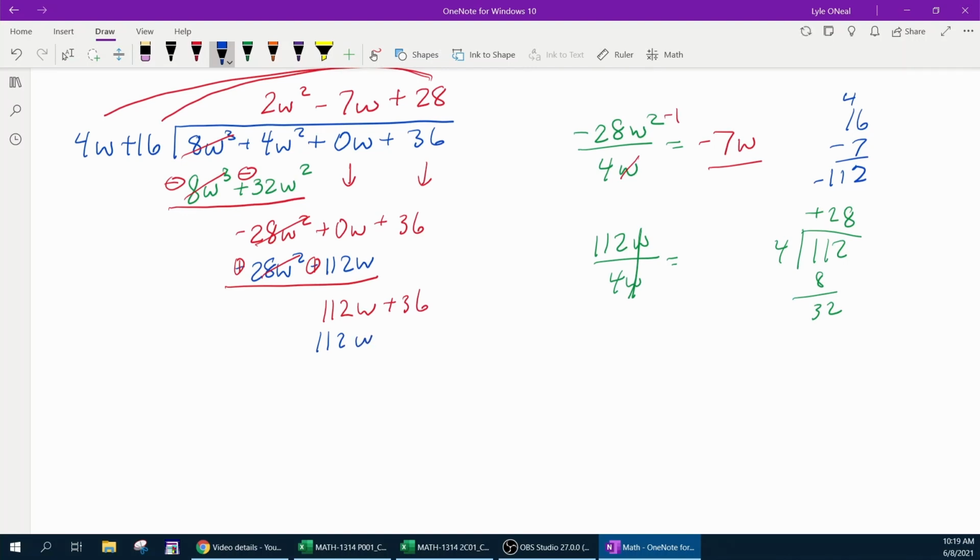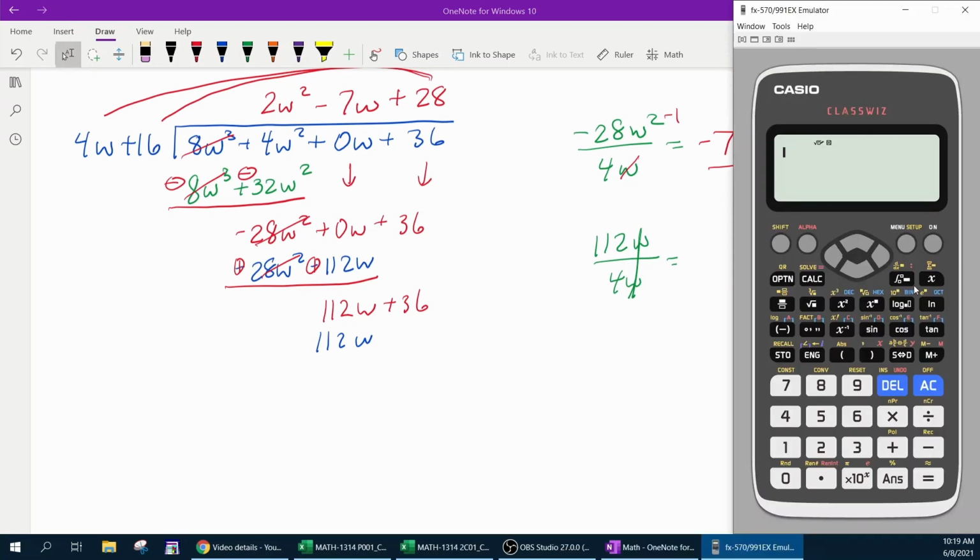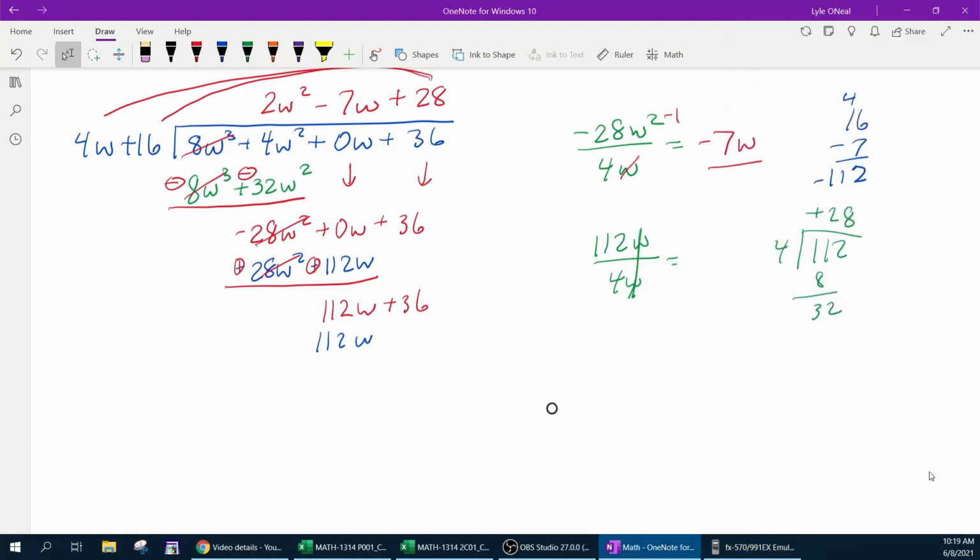You know what? Let's grab the calculator for that. No need to kill ourselves doing everything by hand. 28 times 16 is 448. Now then, let's draw the line, change the sign, and then combine.